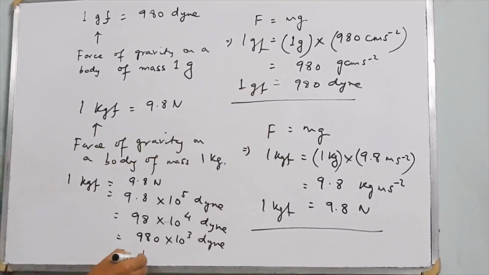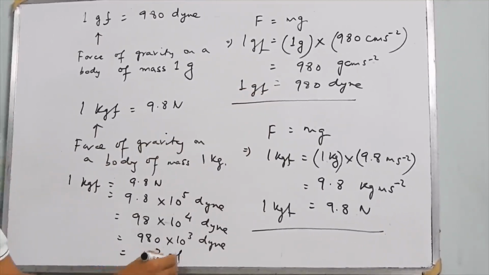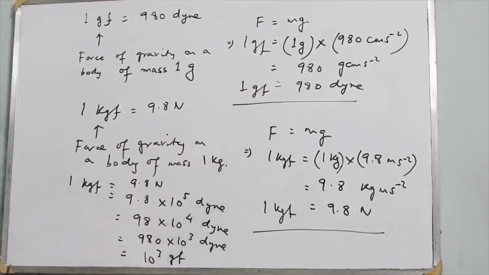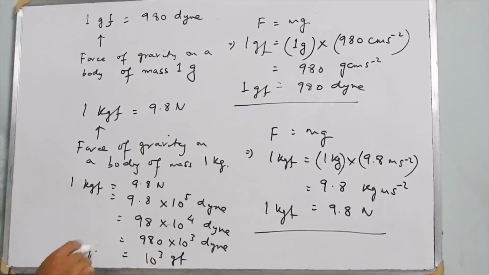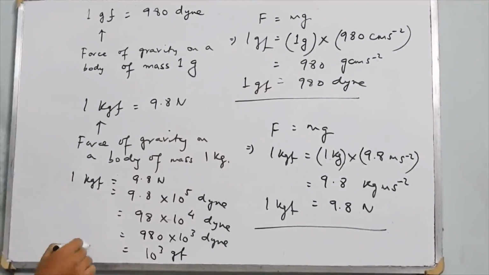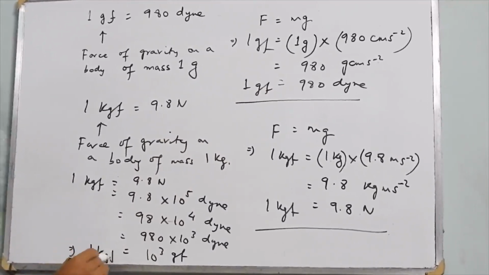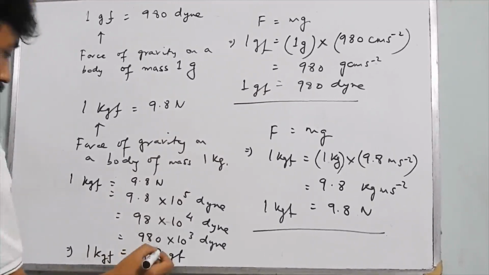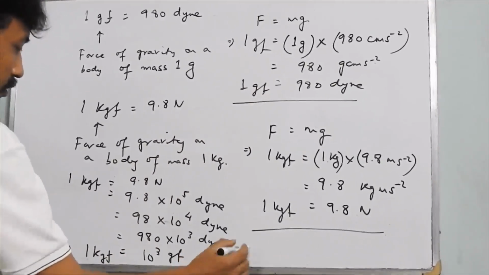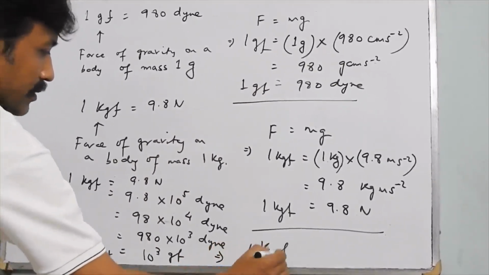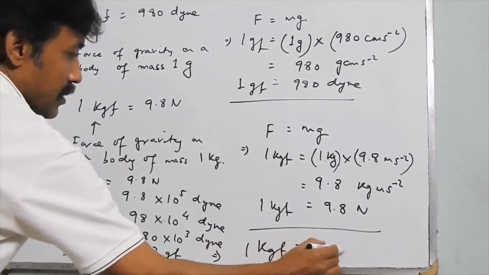So what you get is 10 to the power 3 gram force, because 980 dyne is 1 gram force. 10 to the power 3 means obviously 1000. So therefore 1 kgf is 1000 gram force.